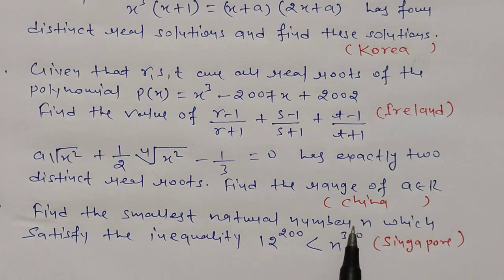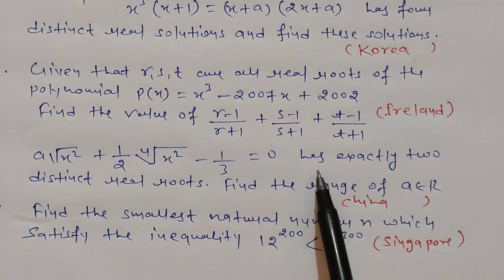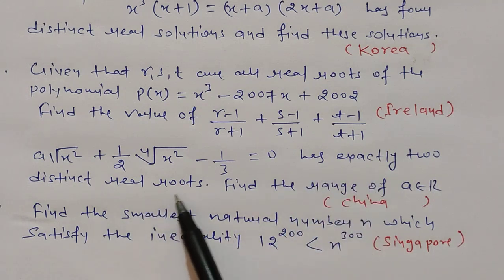This is an important problem, and this is from the China mathematical competition. We have to find the range of a, and this equation is given in terms of x, and it says it has exactly two distinct real roots.